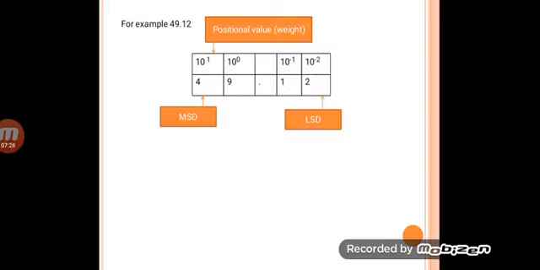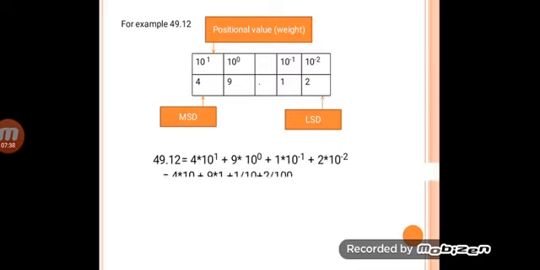Now let us consider the example 49.12. Evaluate this. 49.12 is equal to 4 into 10 raised to 1 plus 9 into 10 raised to 0 plus 1 into 10 raised to minus 1 plus 2 into 10 raised to minus 2.